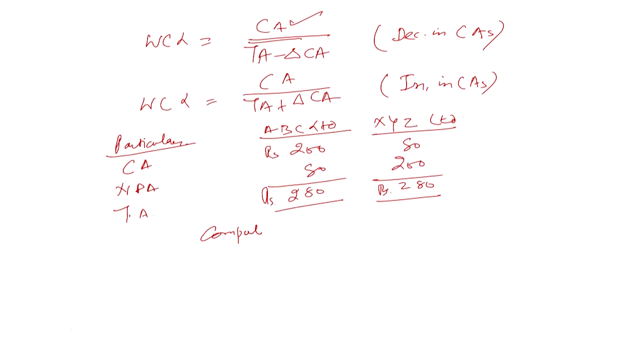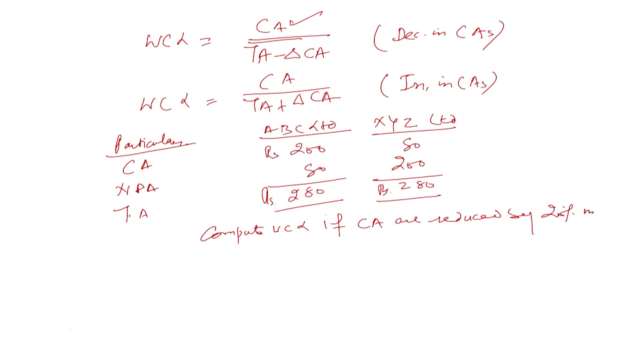So let us now assume that we have to compute the working capital leverage, and the first situation is to compute working capital leverage if current assets are reduced by 20%, in both the firms.